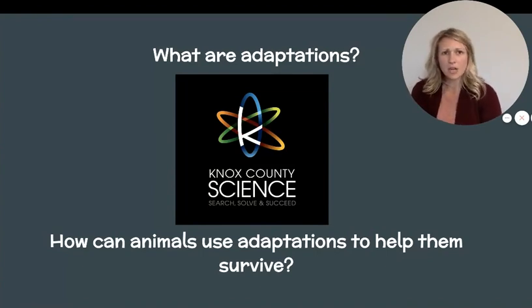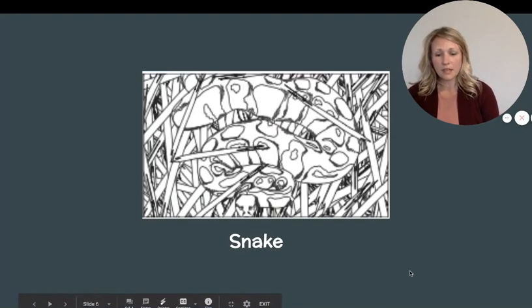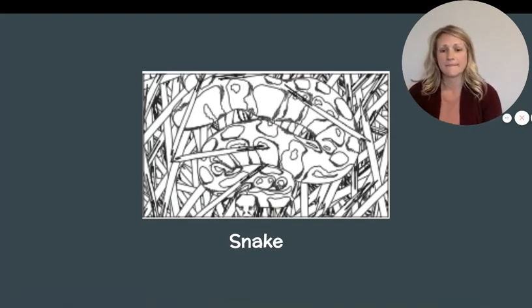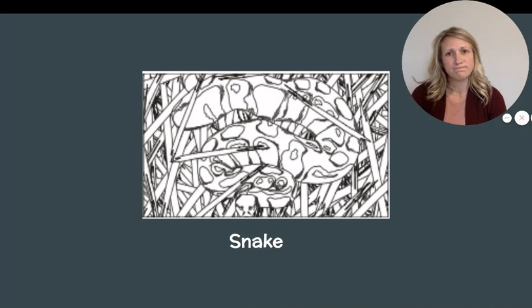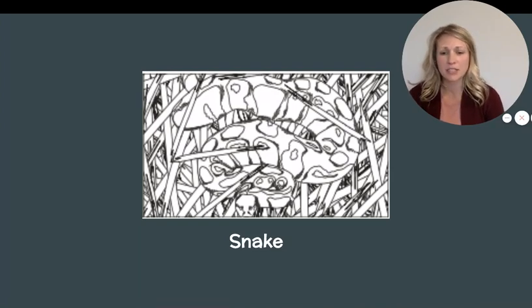So now that we've talked about what adaptations are, let's review some different types of adaptations that you may have learned or that you may know about. Let's take a second, and look at this picture. What do you notice about the snake? How can you tell that it's using an adaptation?